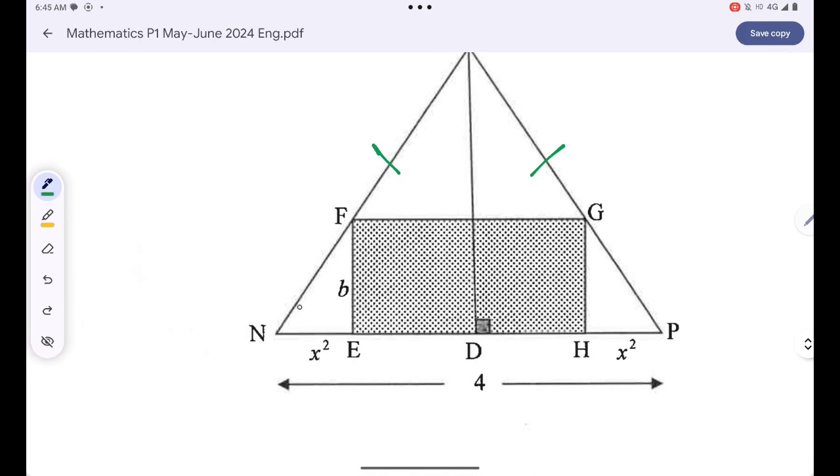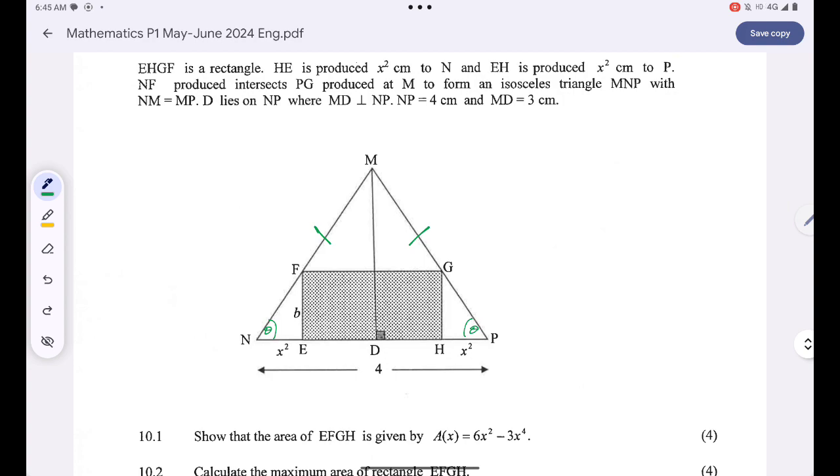So if that angle over there is theta, that means the same angle over there will be theta. Okay, let's continue. And then we are told that NM is equal to MP. For the fact that they've told us that it's an isosceles triangle, we already know that fact over there. And then D lies on NP, where MD is perpendicular to NP. Okay, and then NP is 4 centimeters, MD is 3 centimeters.